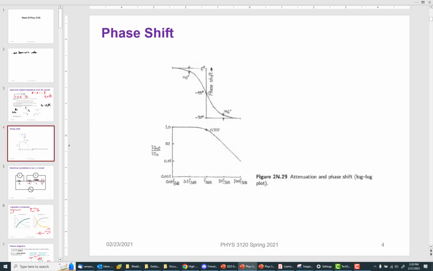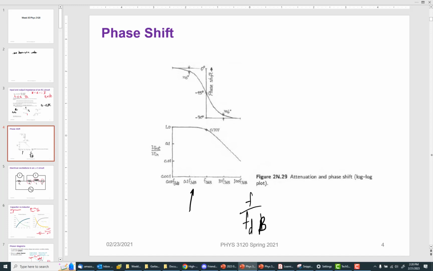And let's see what's next. Phase shift, right. So we haven't gone into it yet, but we have noticed a phase shift. We do know something about Bode plots. Notice this Bode plot is what they did is they took the frequency and they divided it by the 3 dB point.